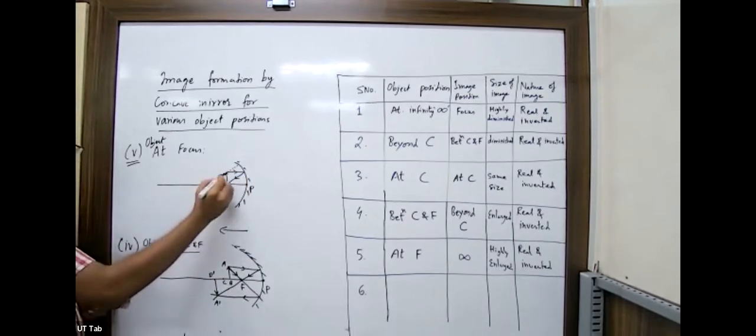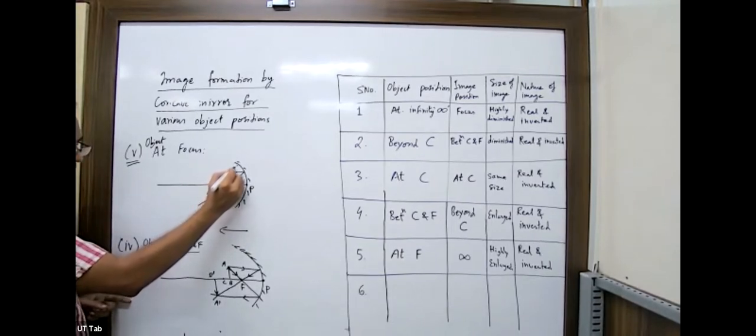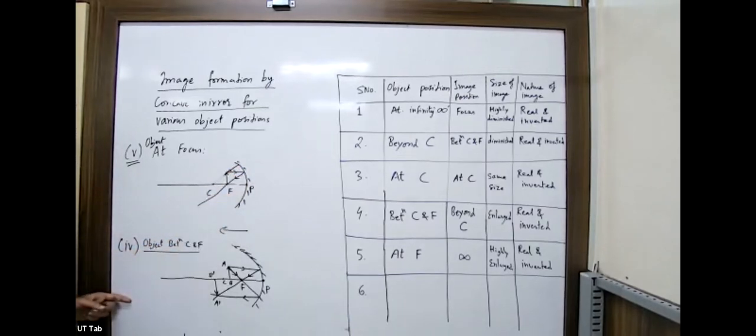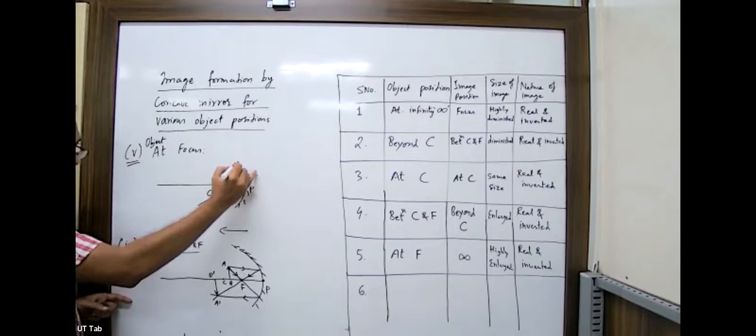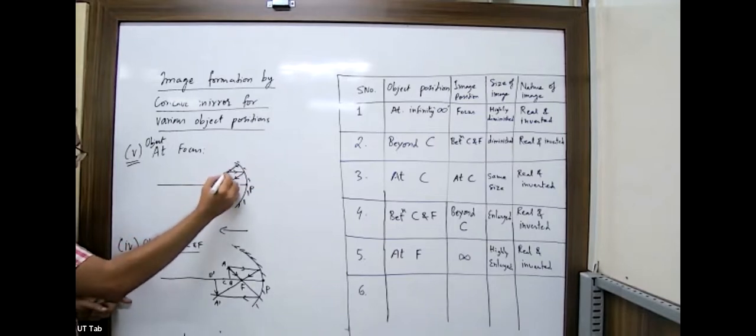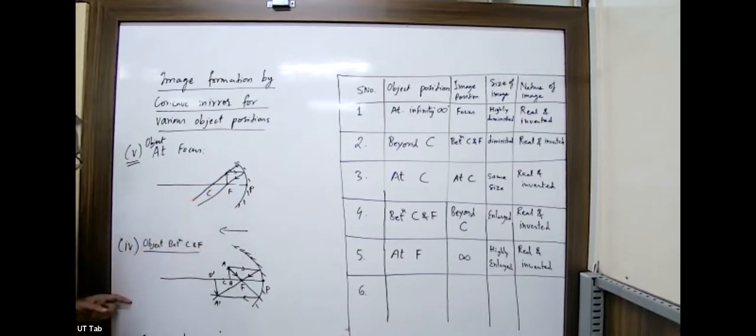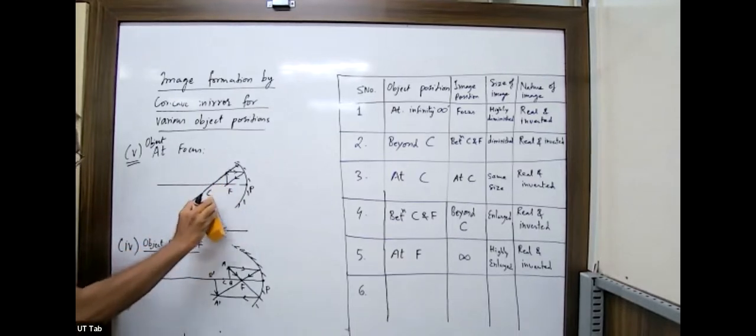Then how will the ray diagram be completed? The ray travels along normal. That is the incident ray. Then the reflected ray will pass through this. Now complete. And make sure that the rays are parallel. It should look parallel.